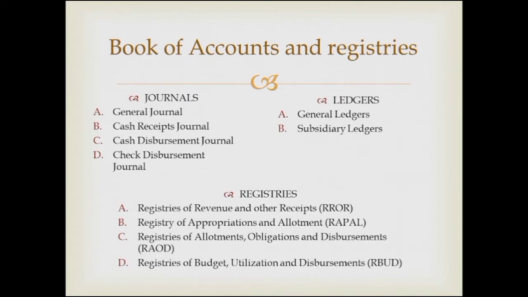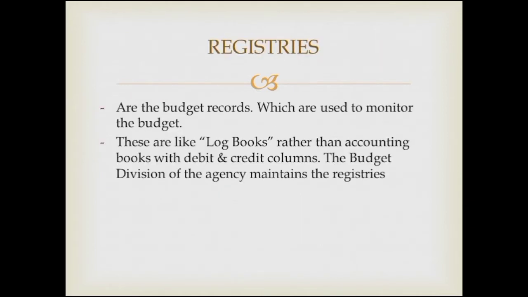The registries are the Registries of Revenue and Other Receipts or RROR, the Registry of Appropriation and Allotments or RAPAL, the Registries of Allotments, Obligations, and Disbursements or RAOD, and the Registries of Budget, Utilization, and Disbursements or RBUD. The registries are used to monitor the budget. You may think of the registries like logbooks rather than accounting books with debit and credit columns.